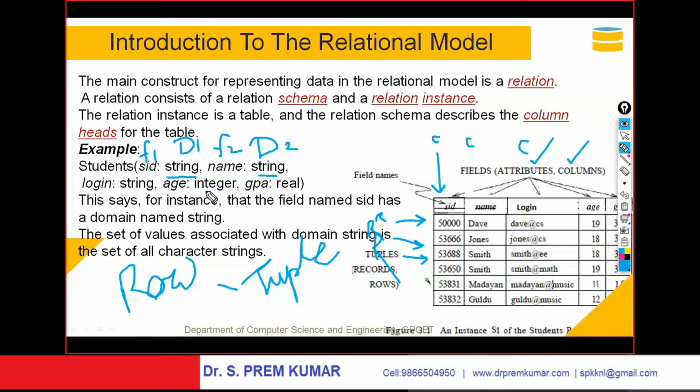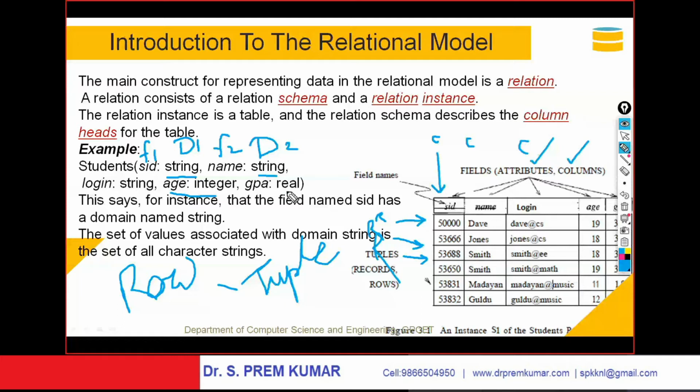So age is a 2-digit integer number. This is called the domain: integer, 2-digit integer. GPA is of real type. For example, the GPA may be 33.5 or 56.4, something like an average. It is a real number, not an integer. So this is the domain.